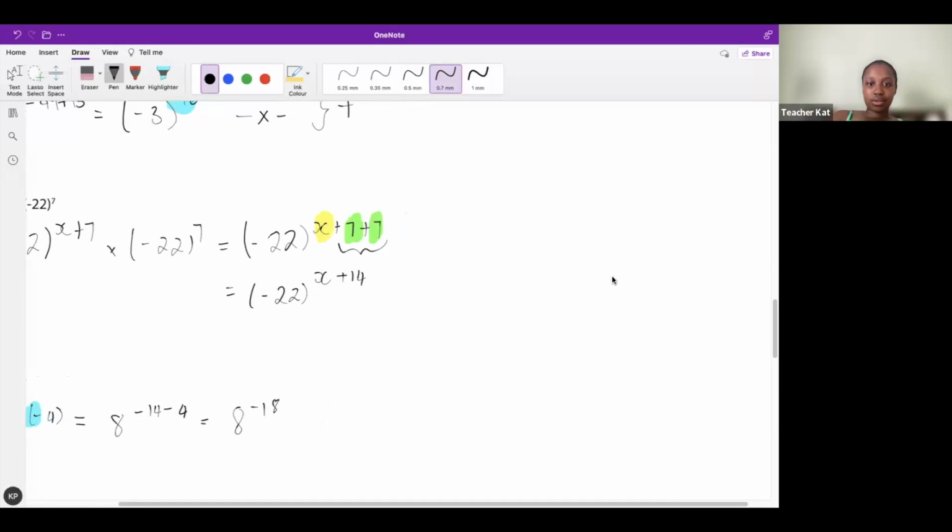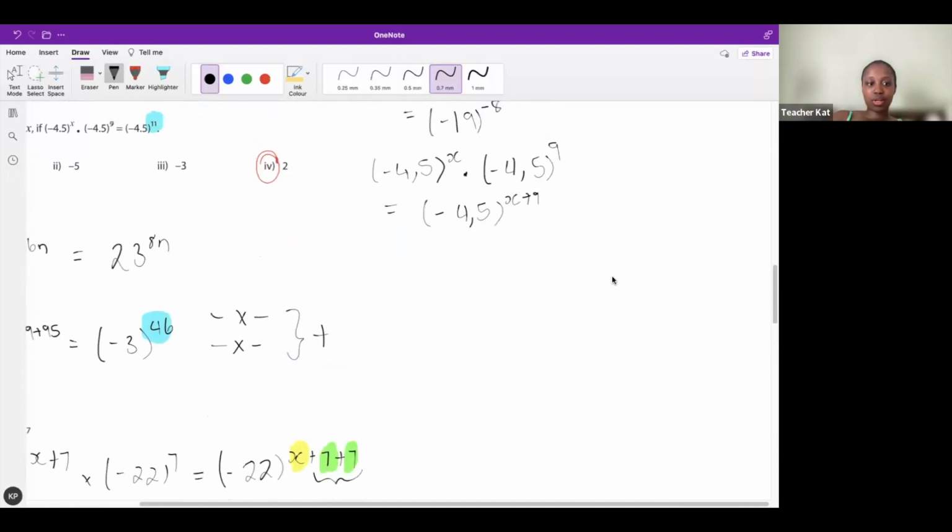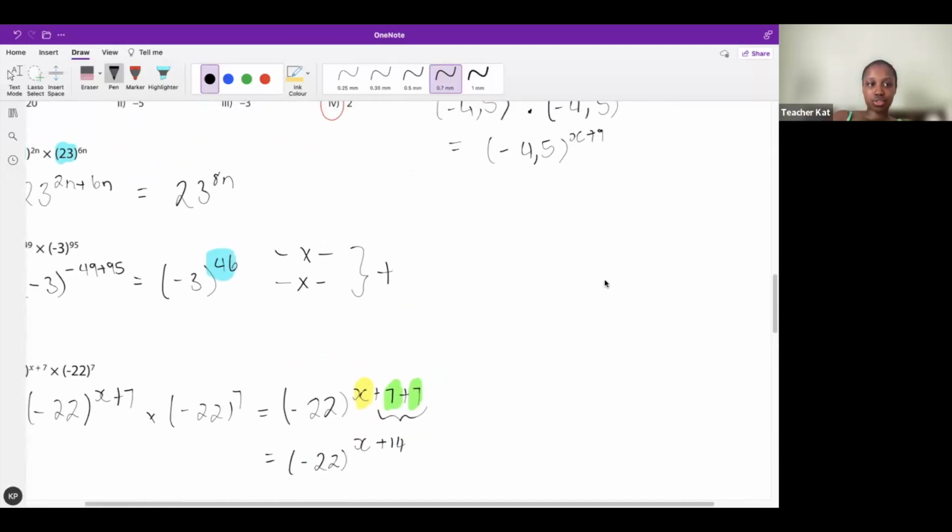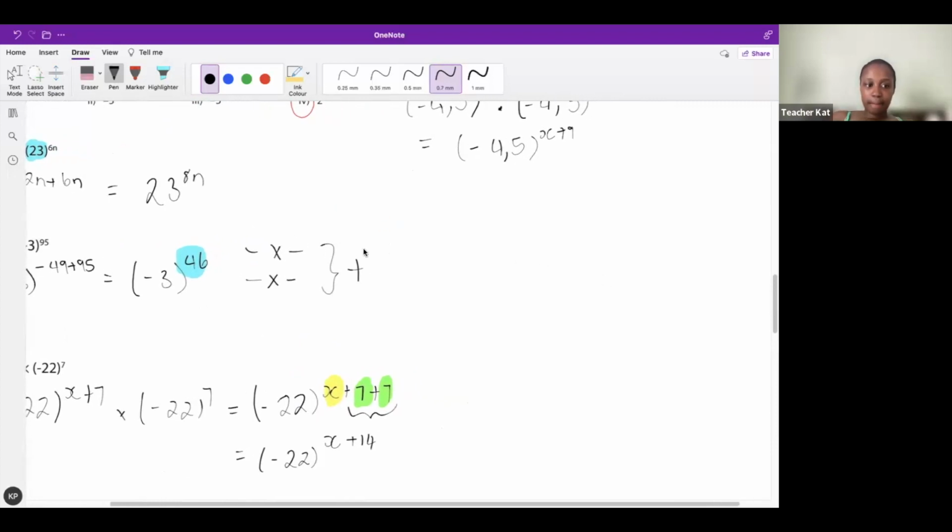Okay, I want another one that looks like the one we did over there. I'll zoom out just now and then everyone can take a screenshot. Don't worry. Okay. I believe we ended at D, so I'm going to create a number E here. And I'm going to say 7 to the power of 2 plus x times 7 to the power of x minus 1. Right, so we're adding exponents once again because we are multiplying. So I'm going to say 7 to the power of 2 plus x minus 1.